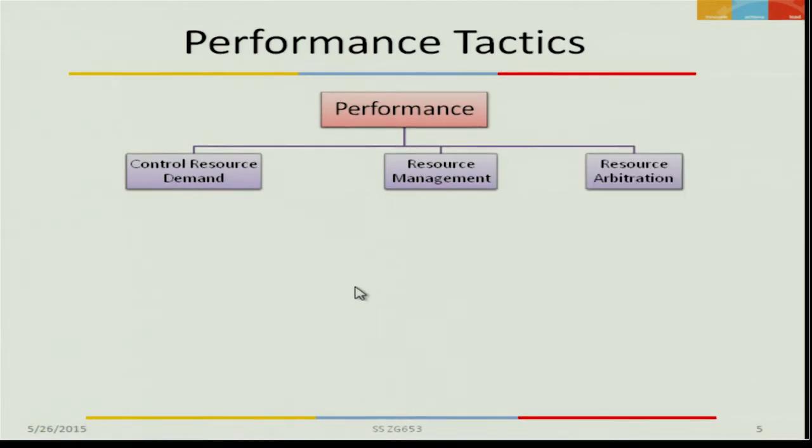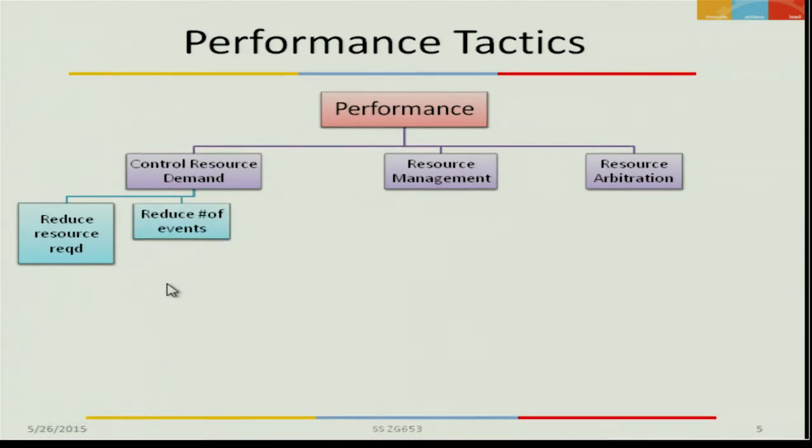And the third category is called resource arbitration. Under control resource demand, one tactic could be the reduction of the resources that are required. Another tactic could be reduce the number of events. Another tactic could be control the resource usage.